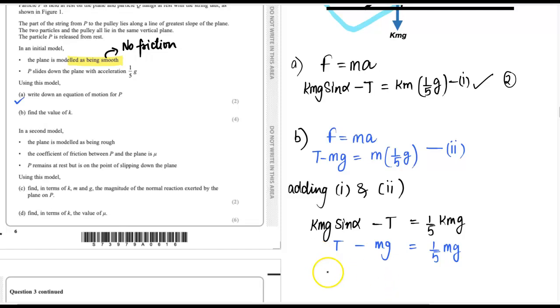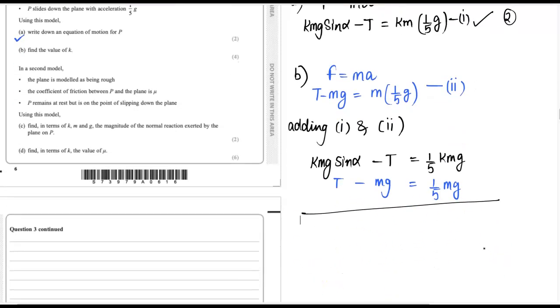If we solve them both, we just add them. So it would be cancelled, will give us 0, and here we will be left with kmg sine alpha minus mg, that equals 1/5 of kmg plus 1/5 of mg.